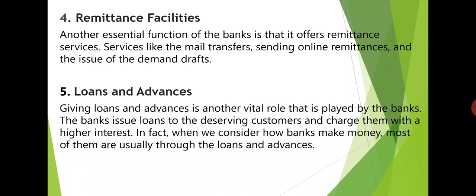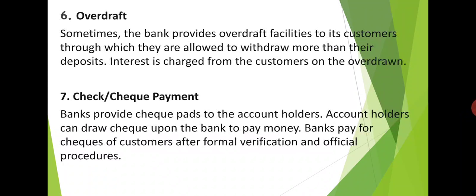And as we all know, there are different kinds of loans available at the bank. Then after the sixth one, that is overdraft. Sometimes the bank provides overdraft facilities to its customers through which they are allowed to withdraw more than their deposits.